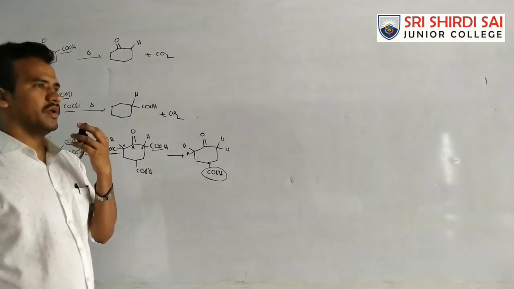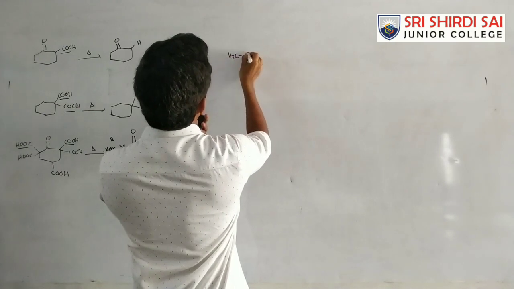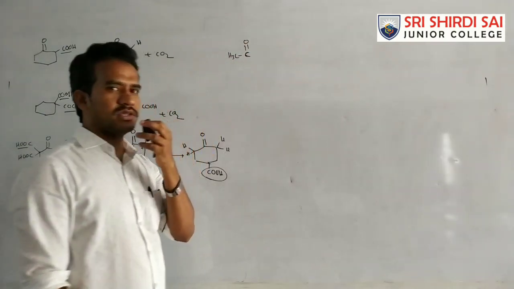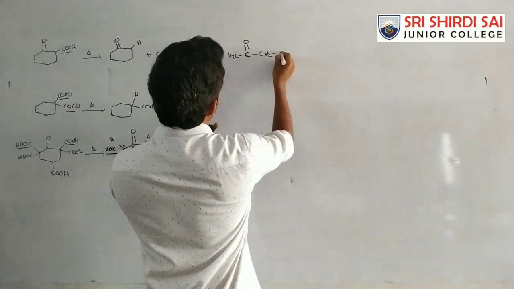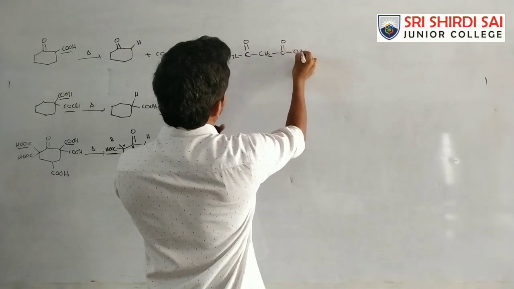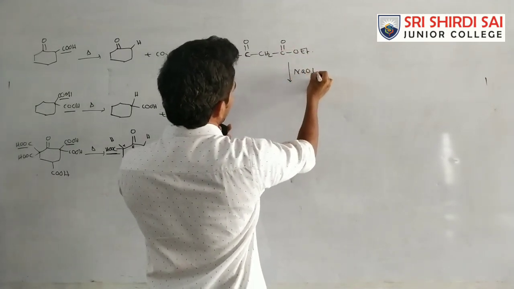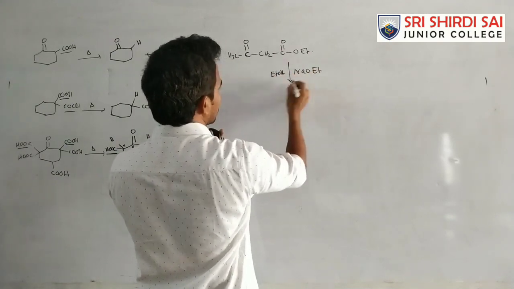And next another one. Suppose CH3C double bond O, and now CH2C double bond O OEt. This compound is treated with NaOEt and EtOH, ethyl alcohol as solvent.